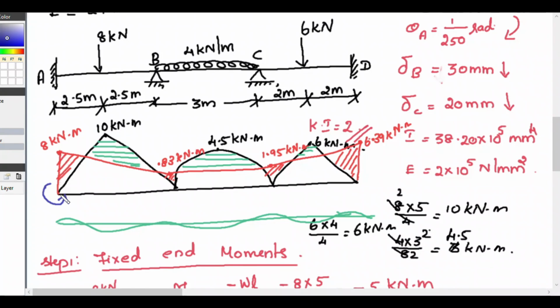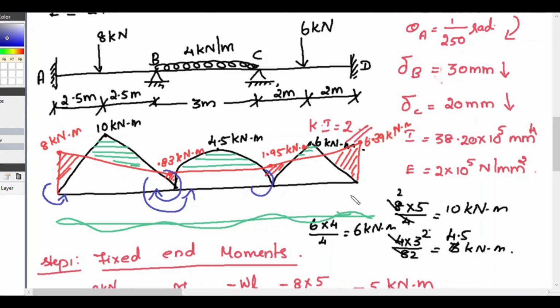So you can draw the bending moment diagram upwards. Now MBA is clockwise, so clockwise it comes like this, again upwards. Now MBC anticlockwise, upwards. Clockwise, upwards, anticlockwise, upwards, clockwise, upwards. You can remember it in this way also.